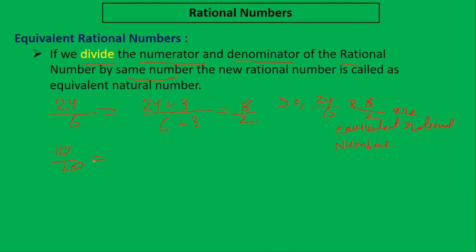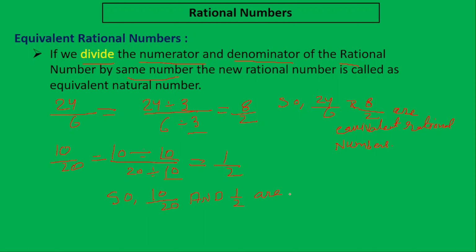Similarly 10 by 20. 10 divided by 10 and 20 divided by 10. Top and bottom divided by the same number. One by 2. Hence 10 by 20 and 1 by 2 are equivalent rational numbers. So very easy to understand. Slowly, don't miss any topic. If you feel that somewhere you are not getting it, please write to me in the comment box.